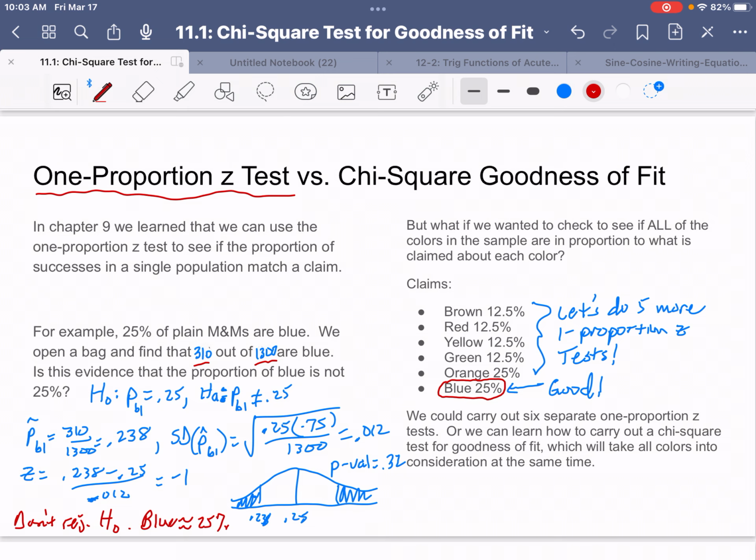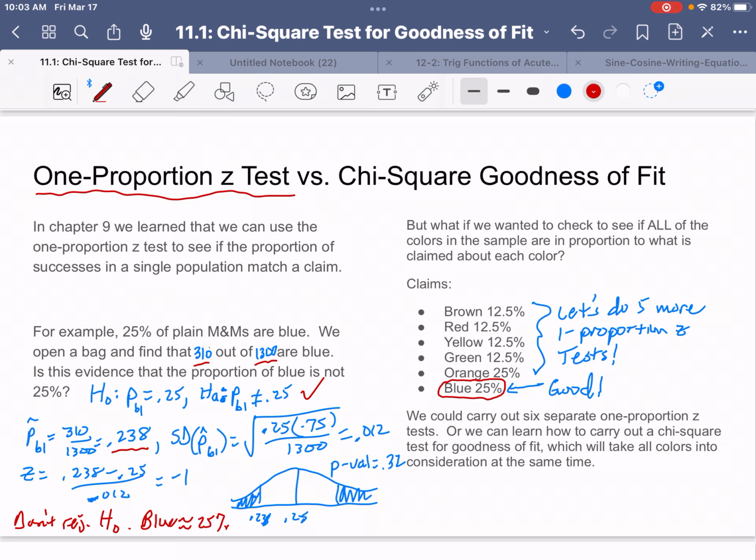And so if you look on the left side as a Chapter 9 review, I said the null hypothesis is p blue equals 0.25 and the alternative is p blue is not 0.25. I calculated p hat for blue. 310 divided by 1300 is 0.238. So 23.8% of the M&Ms in that big old container I used yesterday were blue.